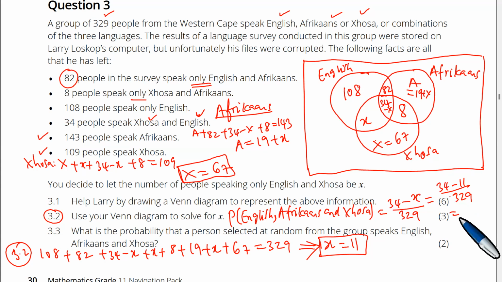If you subtract 34 minus 11, you get 23 over 329. So that is the probability that the person selected at random from the group speaks English, Afrikaans, and Xhosa.